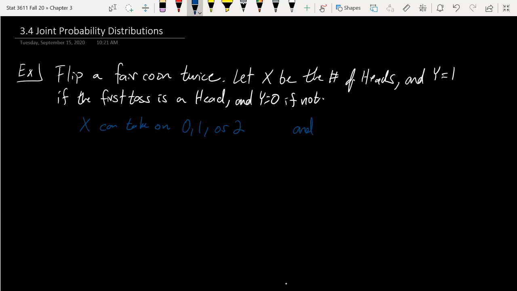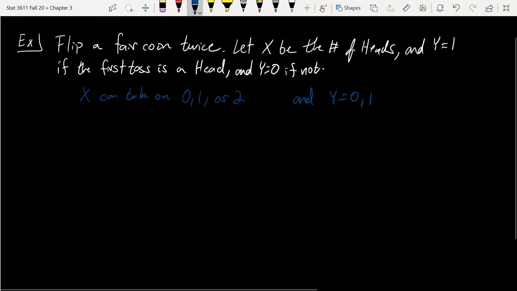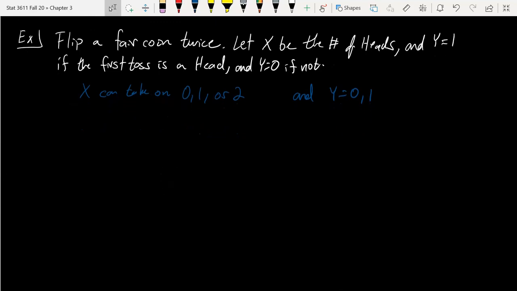And Y can be just 0 or 1 because it's only keeping track of the number of heads that we get in the first toss. So what I'm going to do is look at some probabilities of both X and Y combinations, some intersections, if you will. This is sort of like the probability that X equals 0 and Y equals 1, but we're talking about random variables here, so we tend to just use a comma.